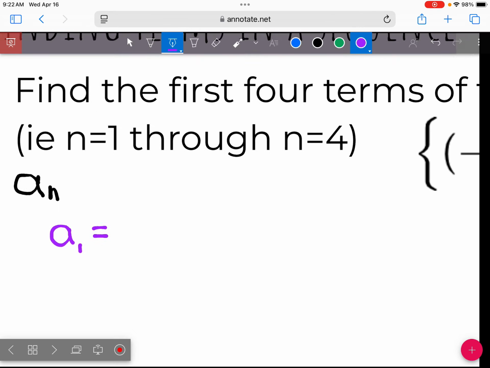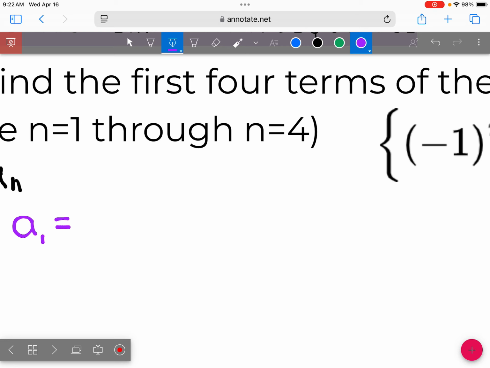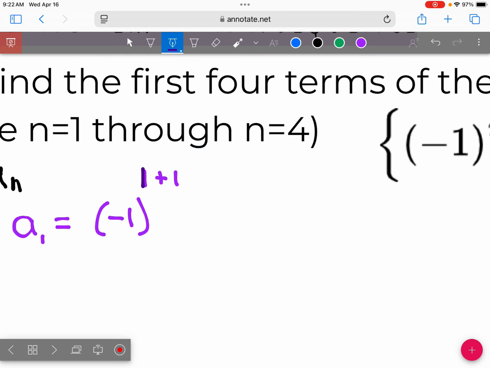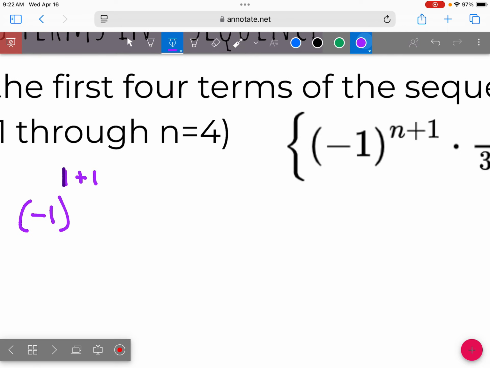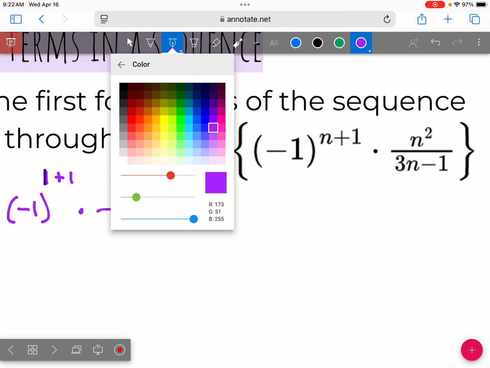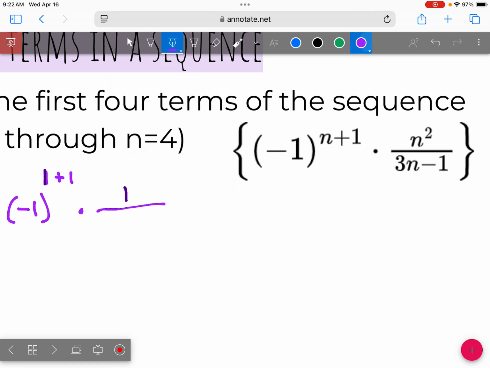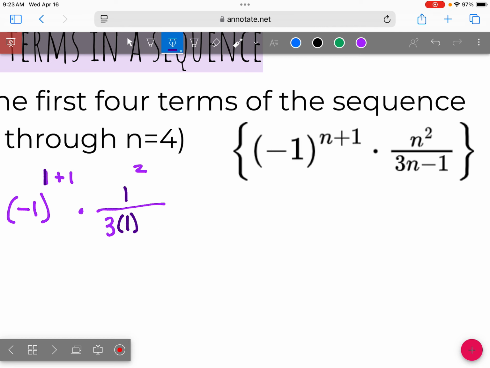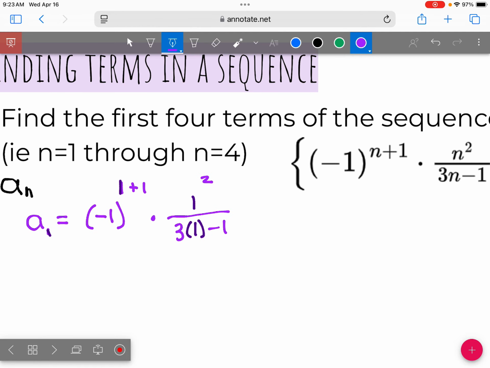So we've got our n of 1. We're substituting 1 in every place we have an n. So we're going to have our -1 to the power of 1 plus 1, times the fraction, where we've got 1 squared over 3 times 1 minus 1. 1 squared is 1, that's 1/2.